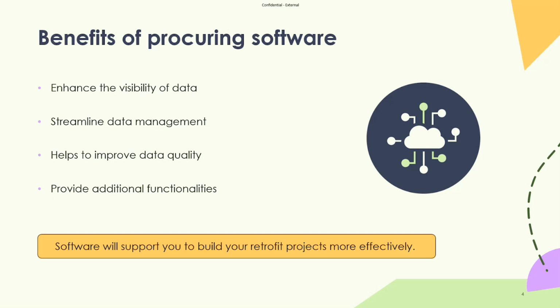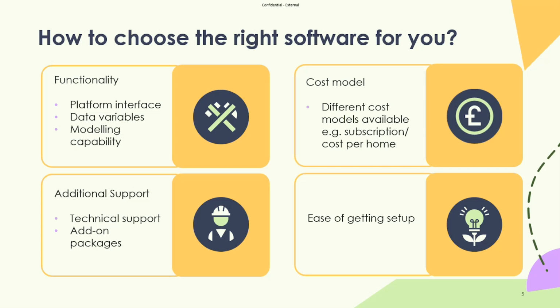So if you didn't have software and you had to do that manually, you might be having to go through a single property, updating the loft insulation, for example, applying a specific wall insulation, and having to do that manually and figuring out when it gets to an EPC band C. So having modeling software really helps you to do that more effectively. So yeah, software will help you to build your retrofit projects much more effectively than if you were to have to do it manually.